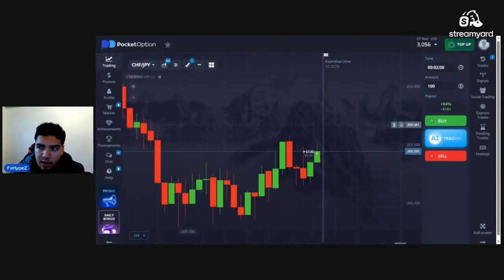Looks like it's going to be another close one. I mean, it's not pushed up significantly from where the trade opened. I think if we break above this 203.321 high we have here, 203.320 high, then I won't take the trade.